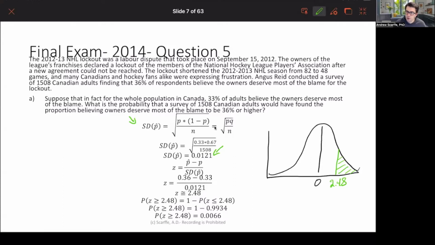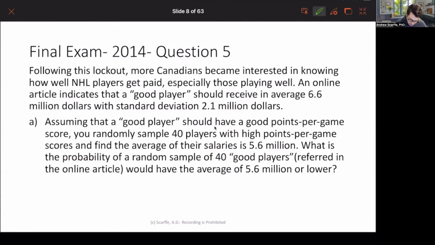Okay, so having looked at this question, now the same basic introduction applies. But now let's look at player salaries. Following this lockout, more Canadians became interested in knowing how well NHL players get paid, especially those playing well. An online article indicates that a good player should receive an average of $6.6 million with a standard deviation of $2.1 million.